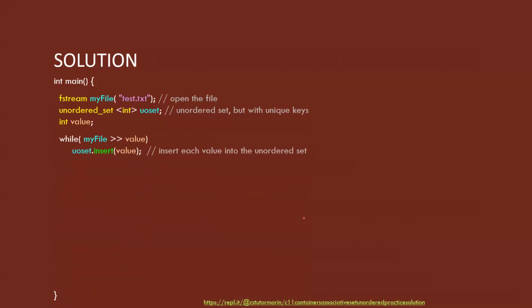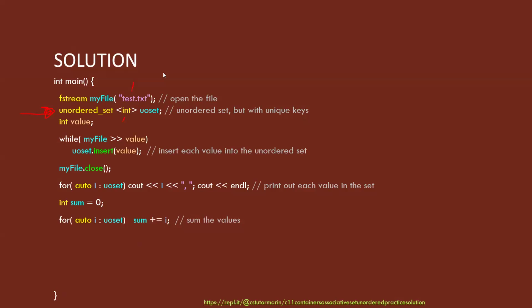I'm going to fly over this because it's kind of basic, but it's good to see how we get this stuff off the ground, where you do an unordered set of int, so UO set. We load in each item, which is going to be an integer from our file, right? Close the file, and then we'll go through using the range-based for loop and print them out, okay? And then we can go through again if we want and just sum them up, okay?